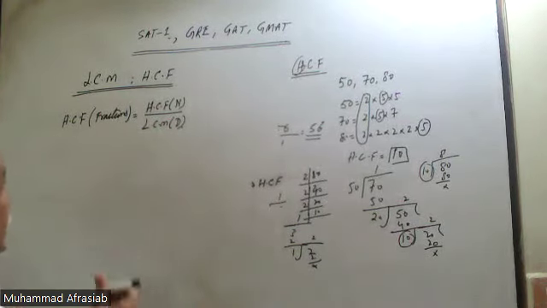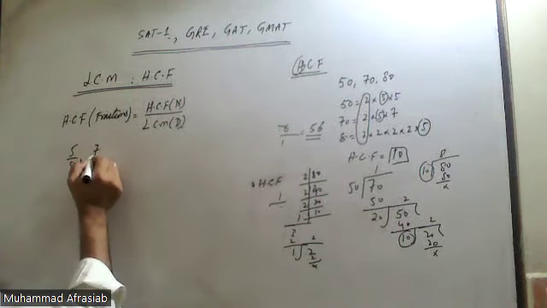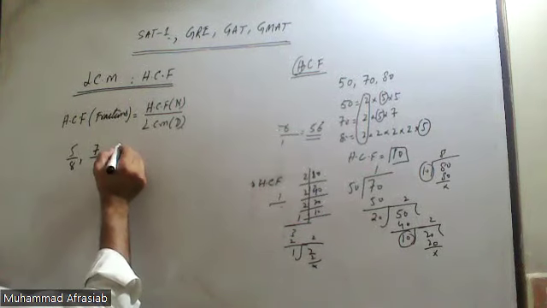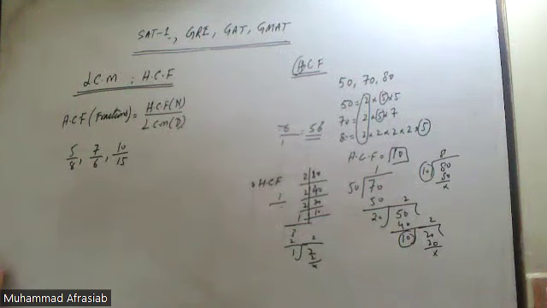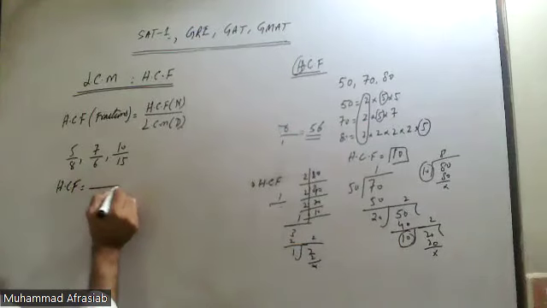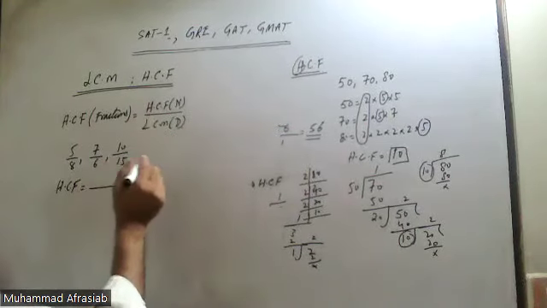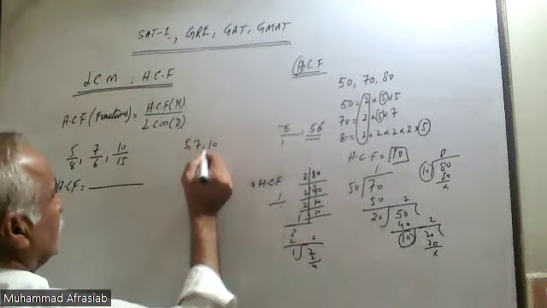Now, let's say the fractions are 5/8, 7/6, 10/15. So, by using this formula, the HCF of this whole fraction is equal to the HCF of numerators. And the numerators are 5, 7, and 10.